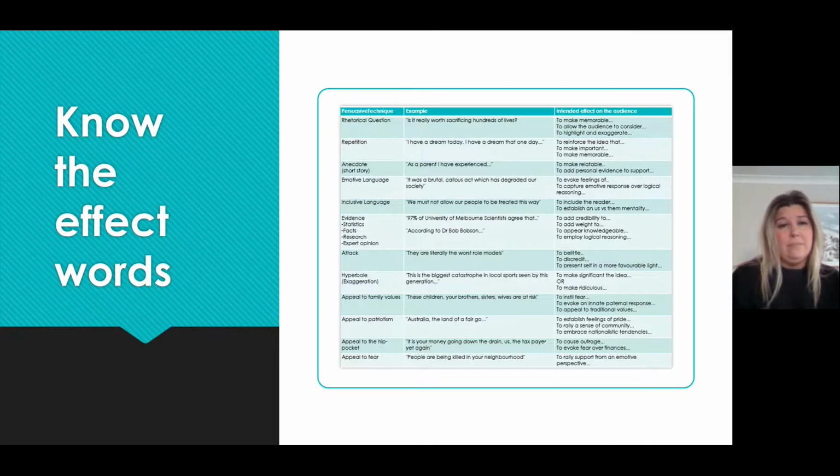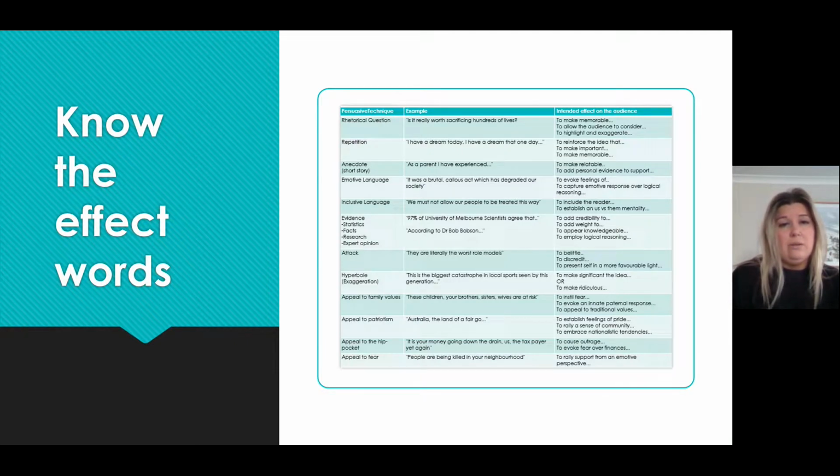That would be accurate. If you have, say, let's look at another one there, inclusive language. You could say, obviously, inclusive language is designed to include what particular readership. But most importantly, you could change that language to say, establishes a sense of commonality.